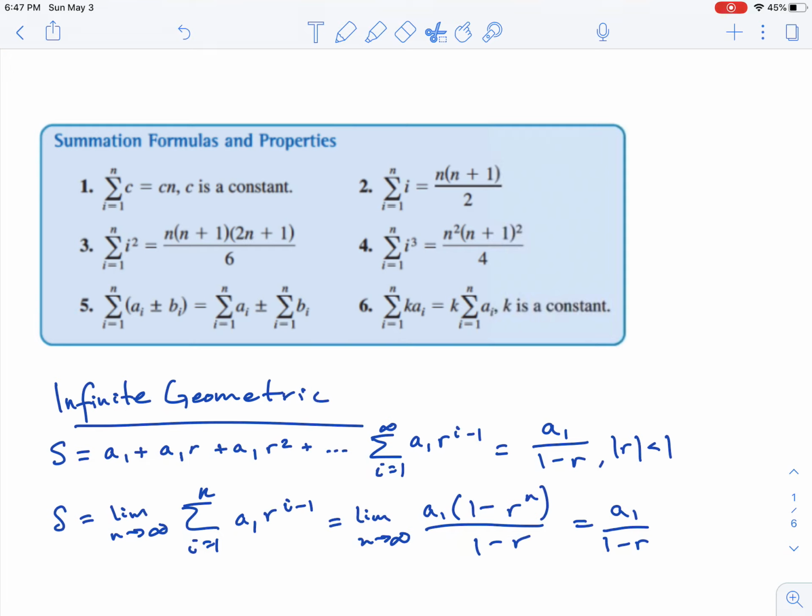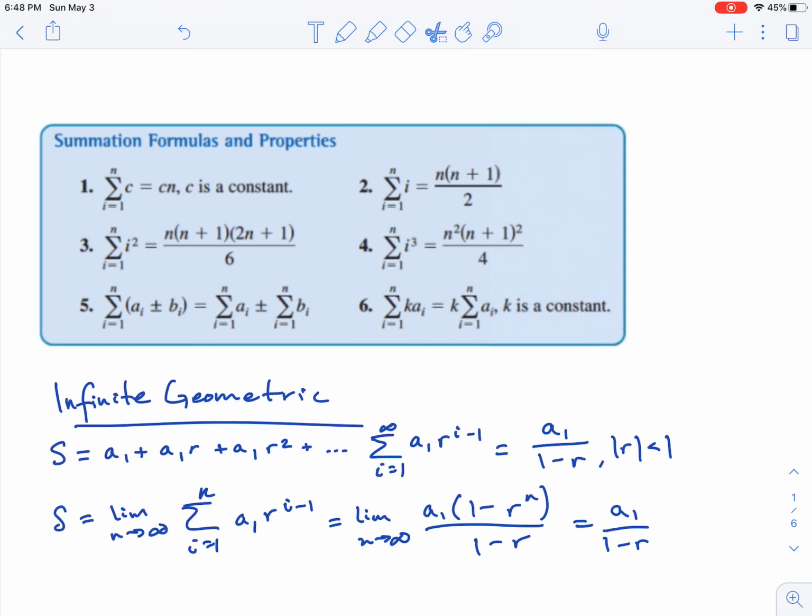In calculus, we don't use these all the time, but since we're starting to develop a fundamental understanding for how this stuff works, it's a good idea to have this under our belts. So take a moment, review these. I'm not going to go over every single one, but just know that these are summation formulas we can use to evaluate finite and infinite summations.